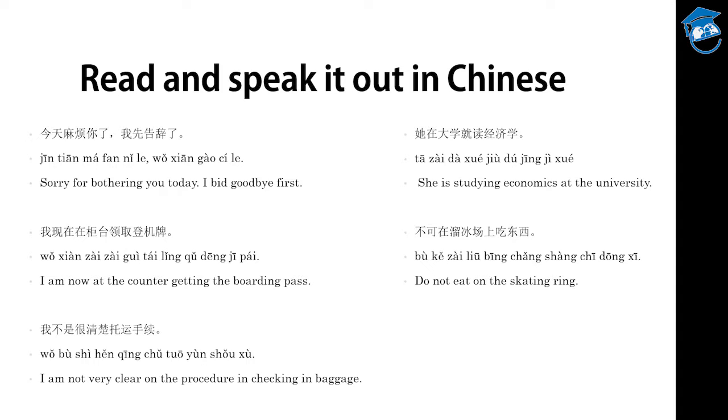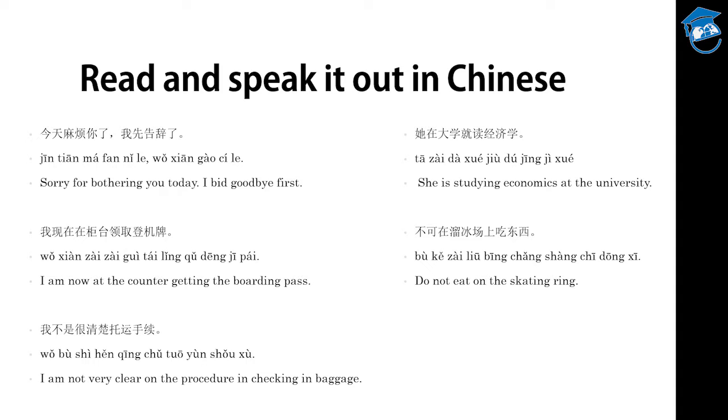Okay, 不可 is like you cannot do something. You are not permitted to do something. And in English translation, it is just to mean do not. Okay, do something. And then 吃东西, it should be very straightforward, is to eat something.